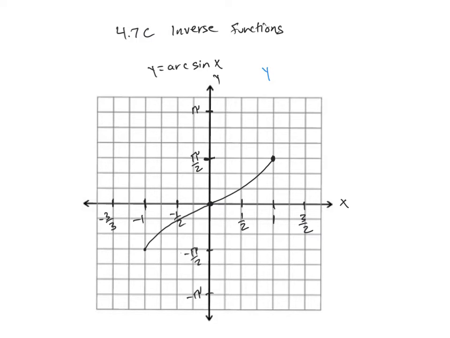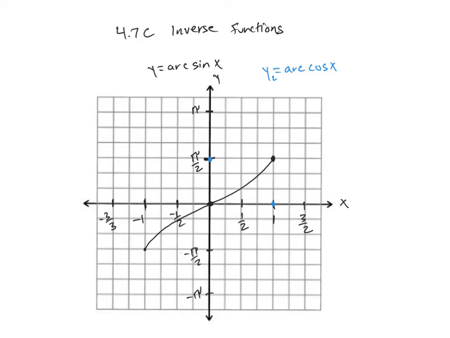Let's do cosine of x, or the arc cosine of x. Our cosine of x, if you think about it, starts at 1. At 0 degrees, our cosine of x is 1. At pi over 2, at 90 degrees, our cosine of x is 0. So it should be here.